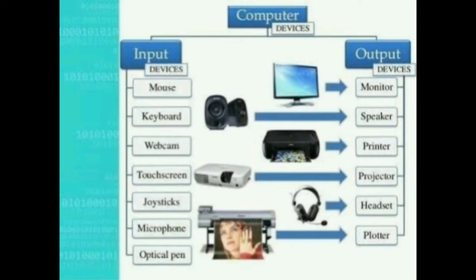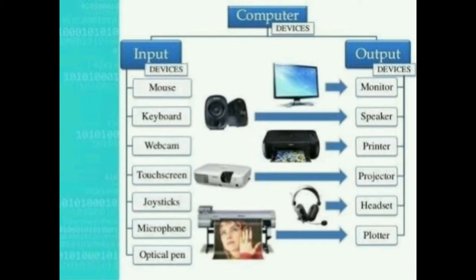So how does a keyboard look? Keyboard is a flat board. It has many buttons on it. These buttons are called keys. Alphabets and numbers are written on these keys. We press the keys to type. What we type is displayed on the monitor.